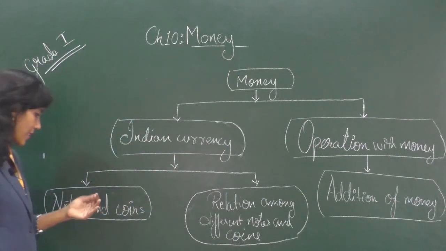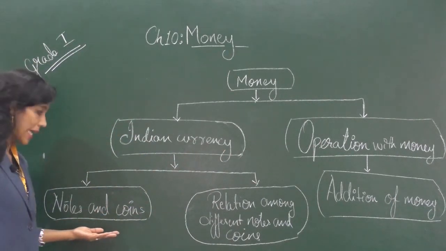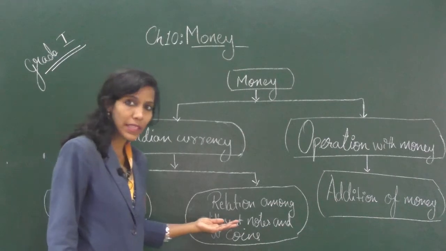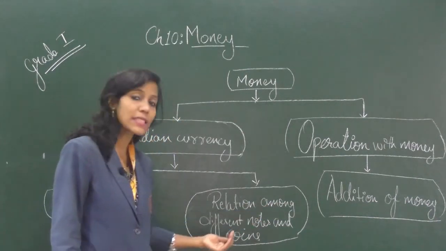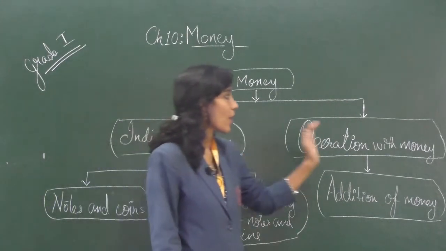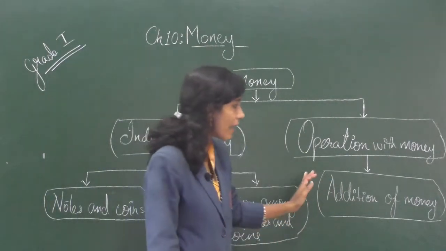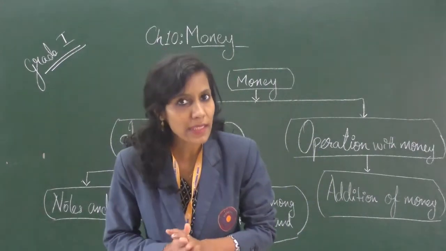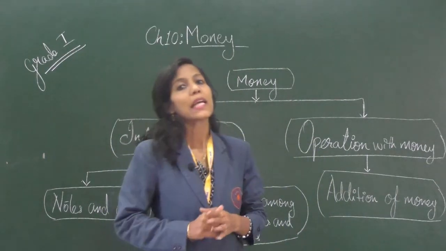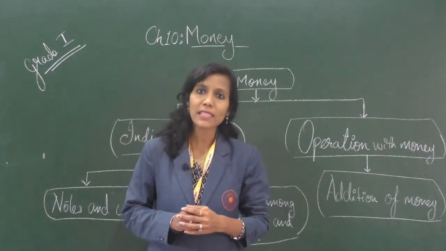Under Indian currency, we have notes and coins. Then the second one is relation among different notes and coins. Now under operation with money we have addition of money. So these will be the topics and subtopics that we would be doing in our chapter 10, that is money.